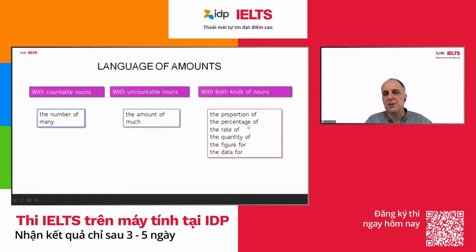The proportion, the percentage. Be careful of rate. Remember, rate is to do with speed, but it should be fine for some. The quantity, the figure, and the data. So these are good ones to use. So use these as kind of synonyms.